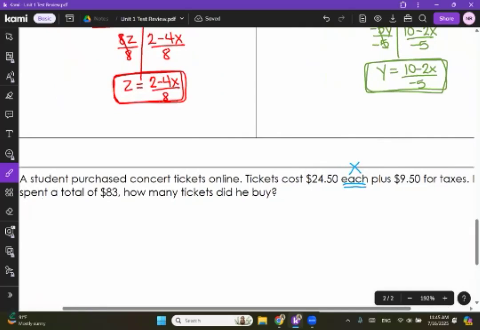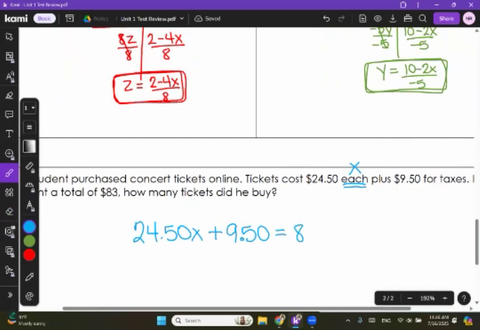Well, tickets are $24.50 each, plus you still have to pay $9.50 for the fee, right? Total goes at the end, and the total is not 80, the total is 83. That's how much he spent.